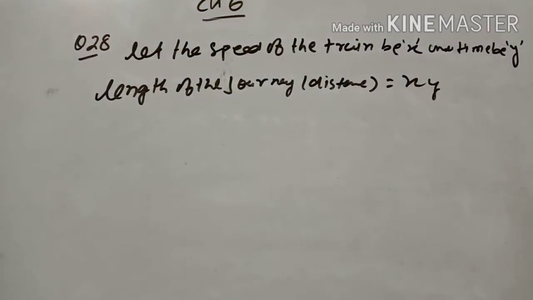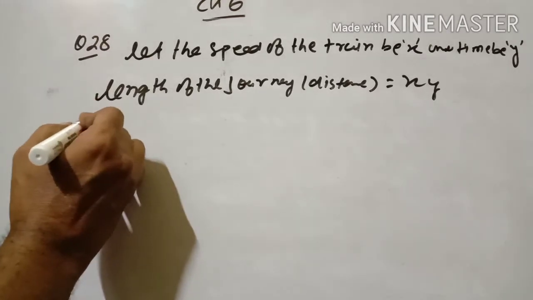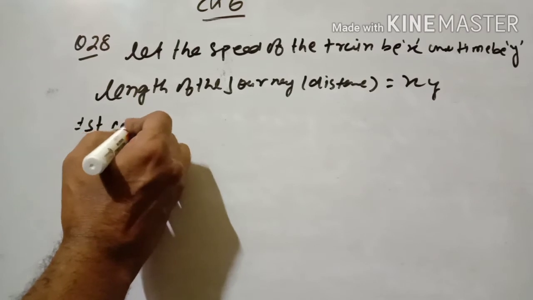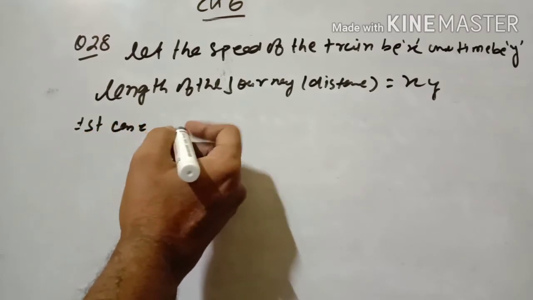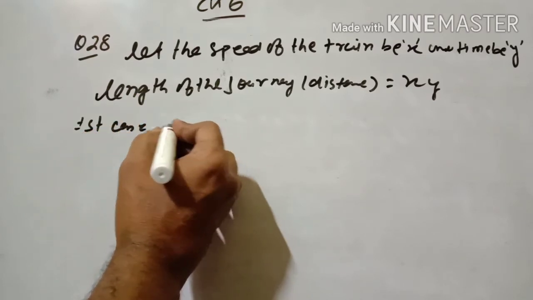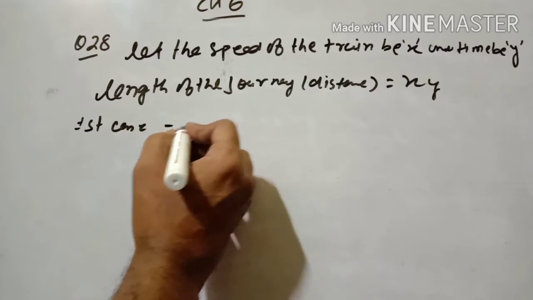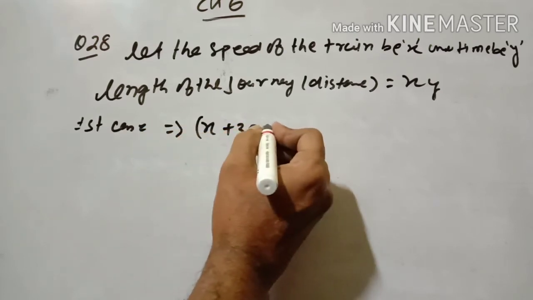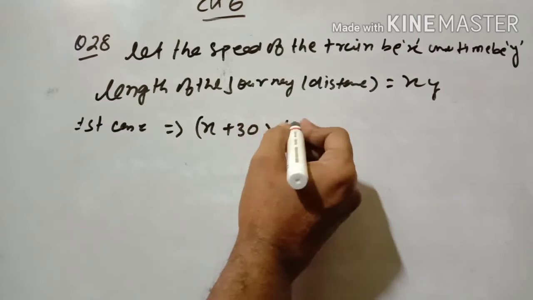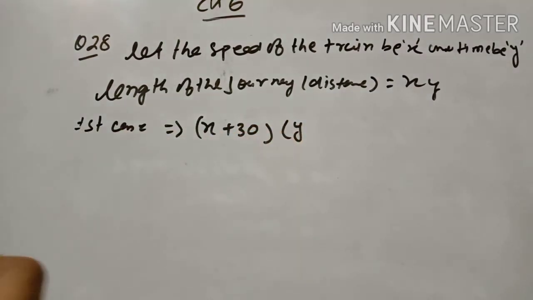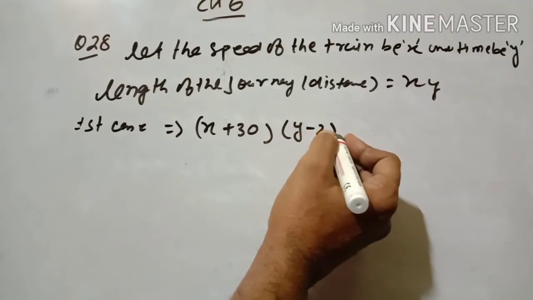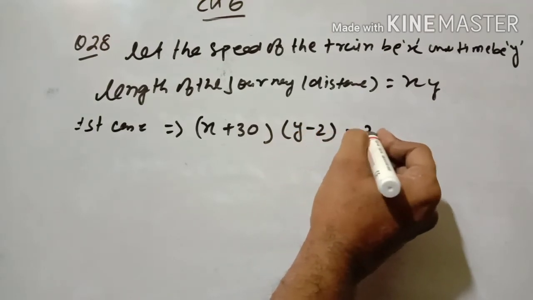Okay, first case. If speed is faster, means x plus 30, that time taking 2 hours less, so y minus 2, that time it will be xy.